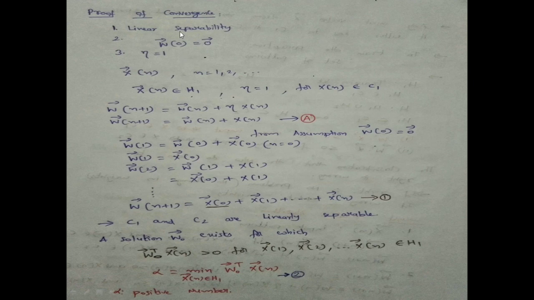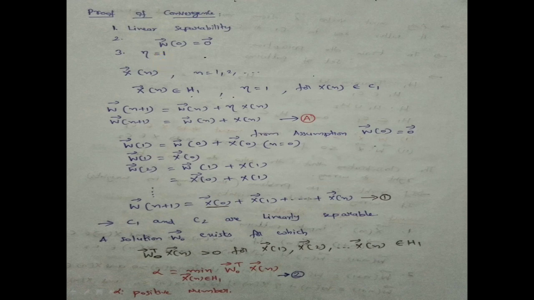The first one is linear separability, as already discussed, and the second assumption is W of 0 is equal to 0. That is, the weight vector we are using initially is a 0 vector. Initially we are assuming all the weights to be equal to 0. The third assumption is eta is equal to 1.